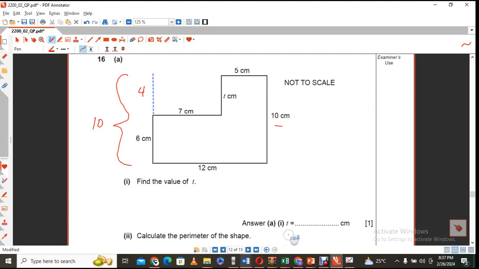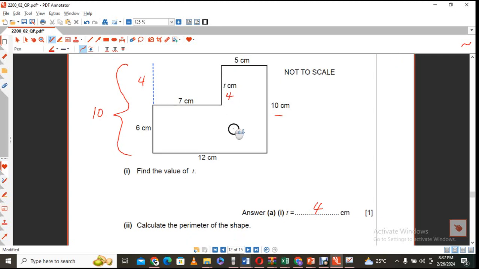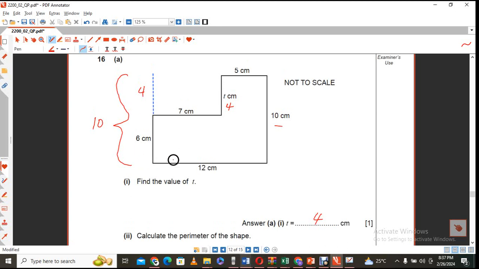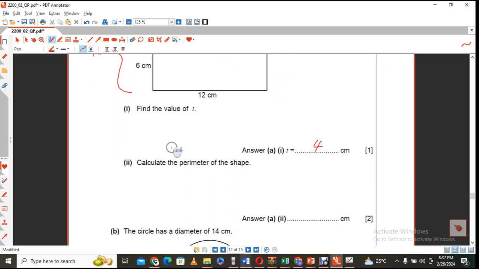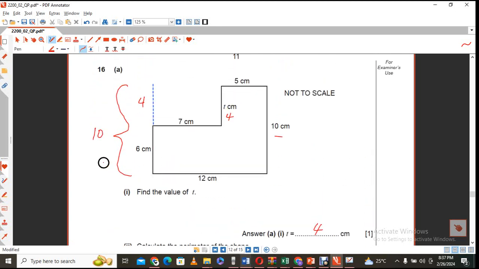Can you see it? So if t is equal to 4, we can now also find the perimeter of the shape by simply adding all those distances, because we've got everything. For 2 marks it says calculate the perimeter. Just grab a calculator so you don't make a mistake.